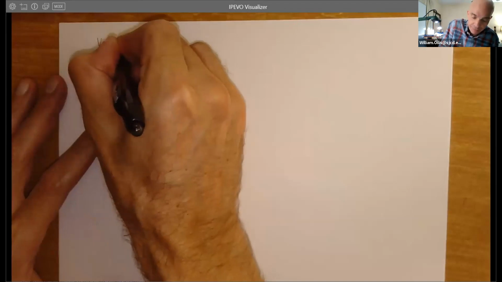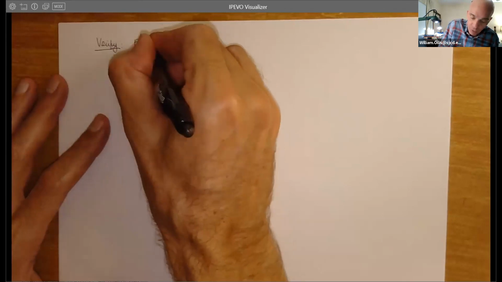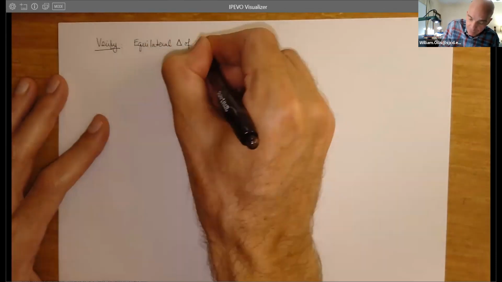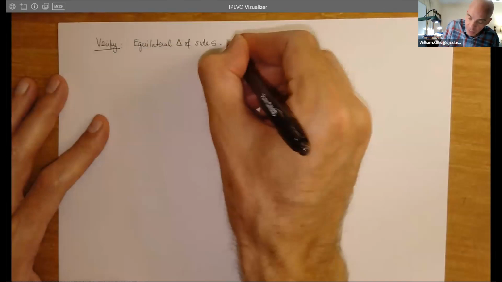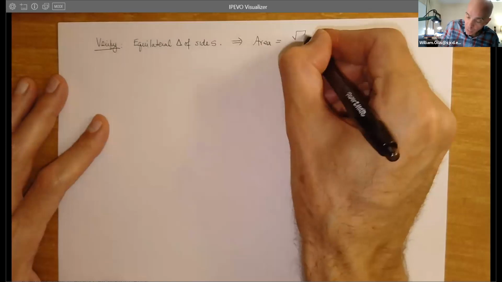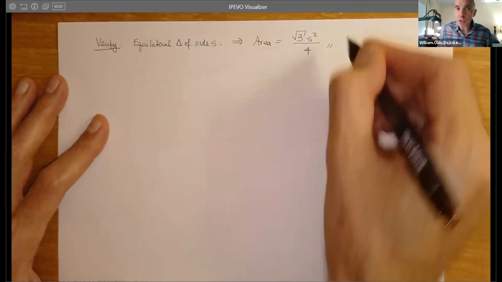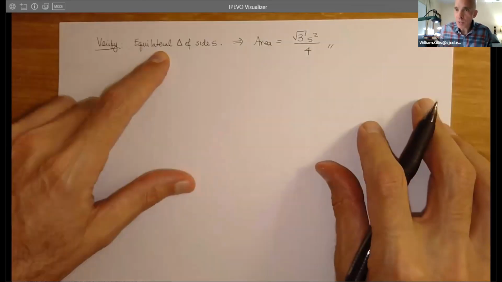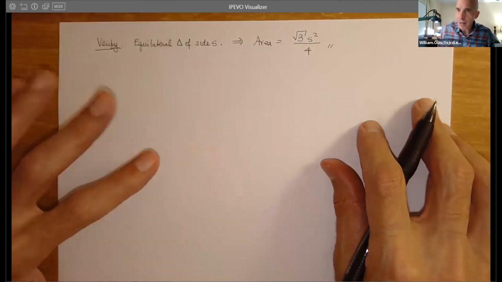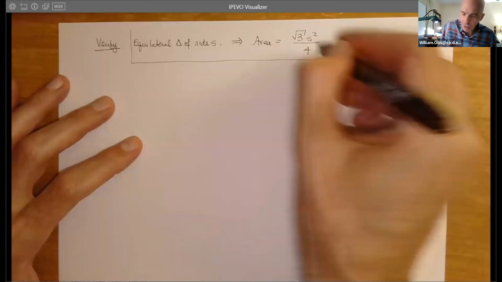Verify that if you have an equilateral triangle of side S, that's how we start, this implies that the area will now be the square root of 3 S squared over 4. You need to prove that or verify that. You should be able to do that quickly because that's just a 60, 60, 60 degree triangle, and you can chop it up to make 30, 60, 90, and this will fall right out. So verify that. You should commit that to memory. That's something you use in calculus.